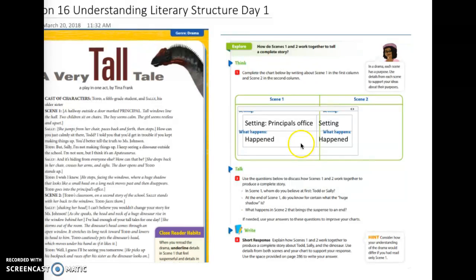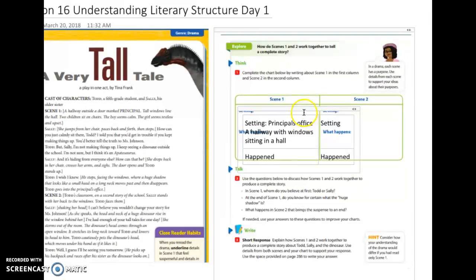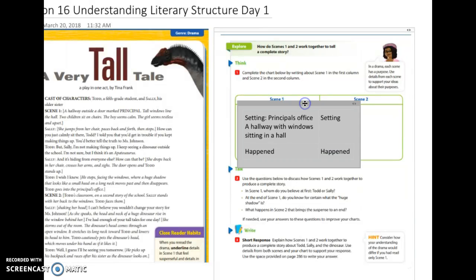So I'm going to say a hallway with windows, sitting in a hall. Okay, so I'm going to put that here in our setting box.